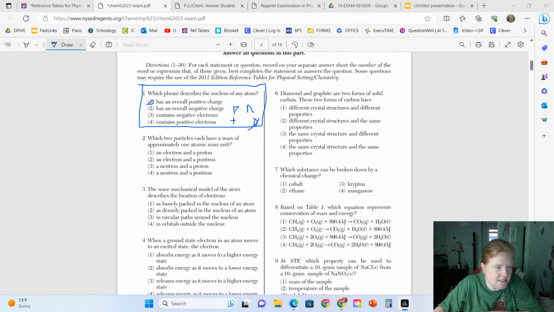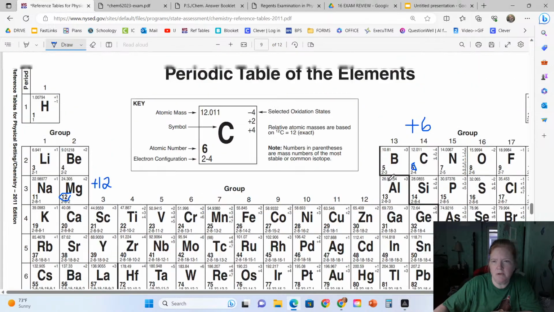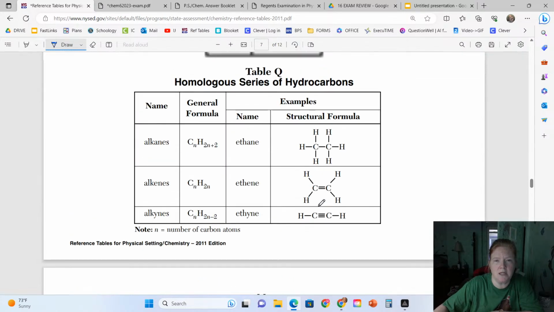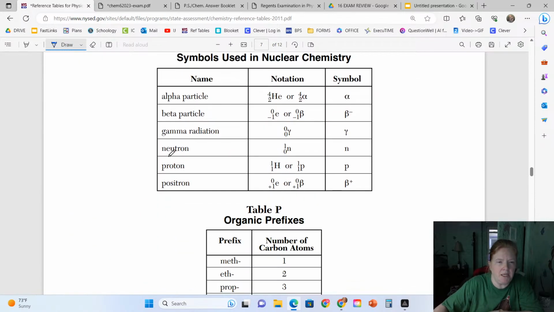I see your question. Is proton mass equal to neutron mass? Yes, absolutely. That is on the reference table, in Table O, so you can always double check it. Here is proton and neutron.